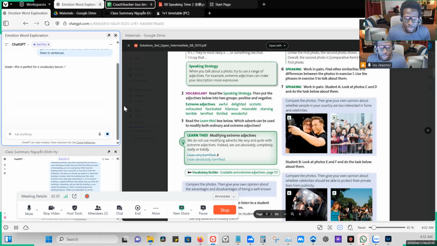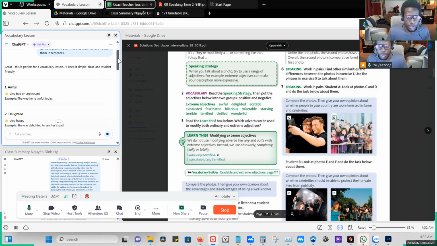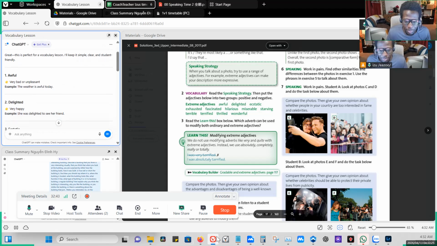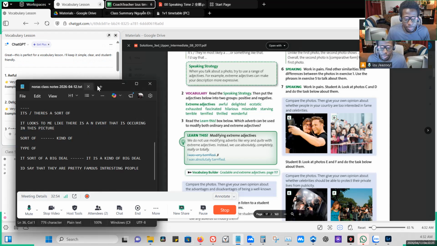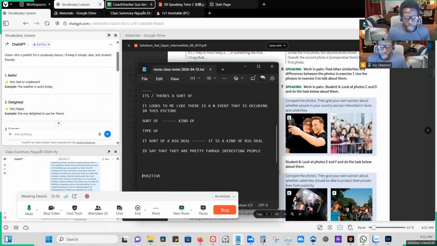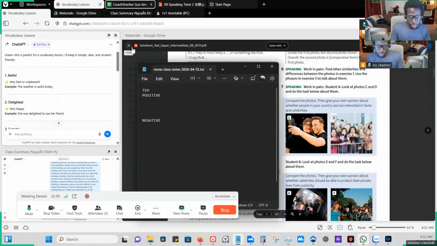So let's go over the first one. Awful basically means very bad or unpleasant. An example could be, the weather is awful.